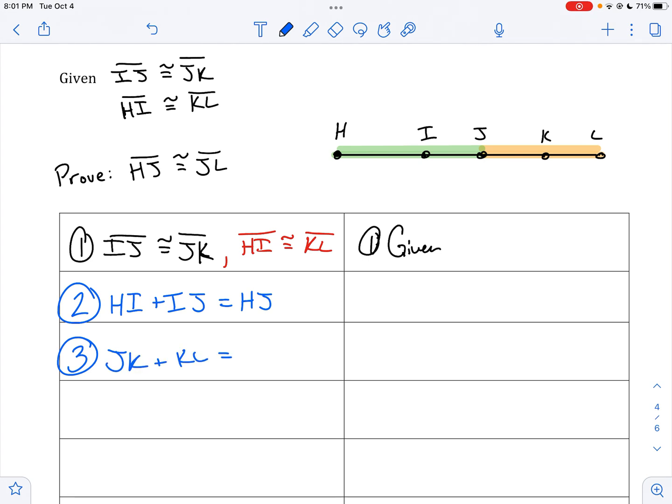So JK plus KL equals JL. And both 2 and 3 would be my segment addition postulate.